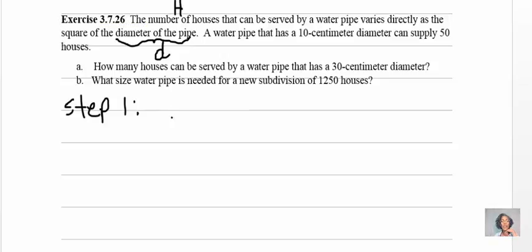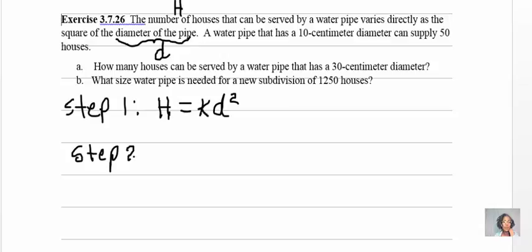So the number of houses that can be served varies directly, so equals, as the diameter of the pipe, so KD. You can pick whatever variables you want. It helps for them to be variables that help you to remember what things represent. So that's step 1. And we do need to square the diameter of the pipe. So H equals KD squared.